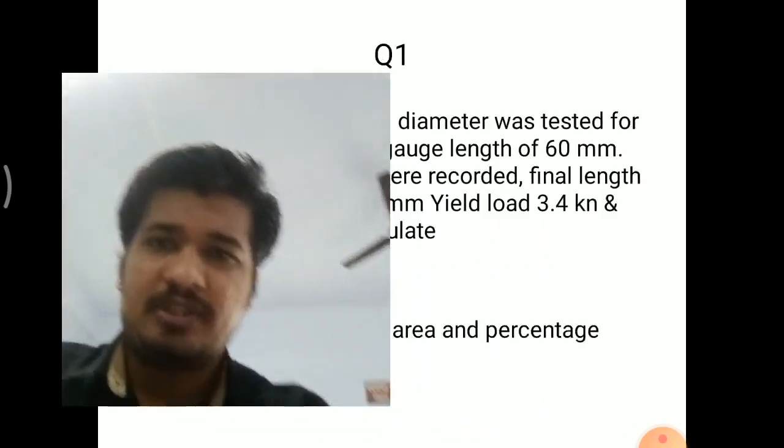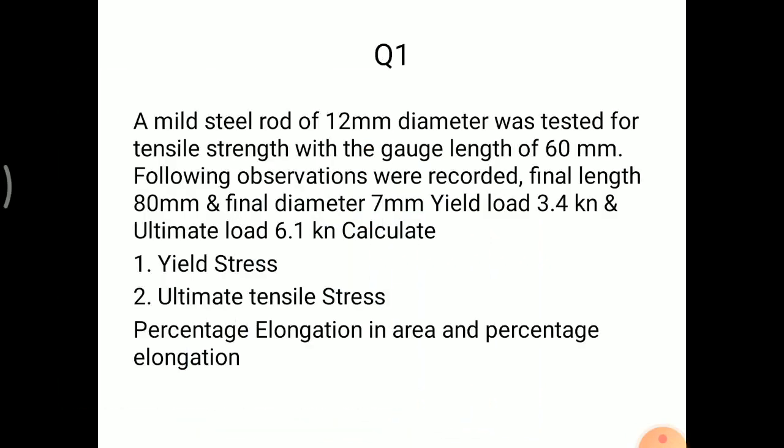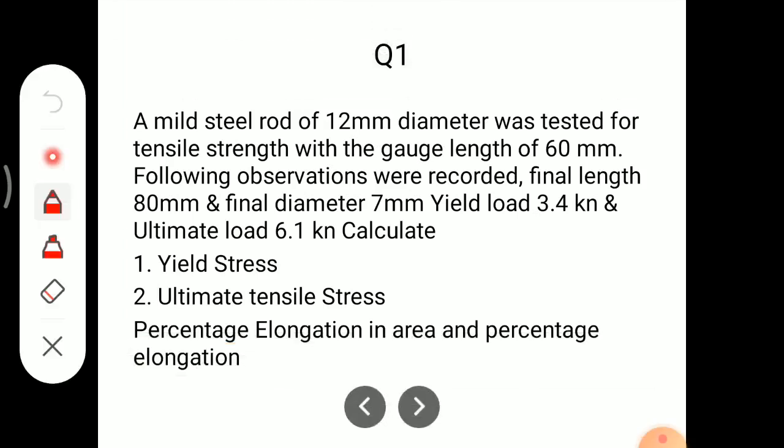Here we have the first numerical. A mild steel rod of 12 mm diameter was tested for tensile strength with a gauge length of 60 mm.